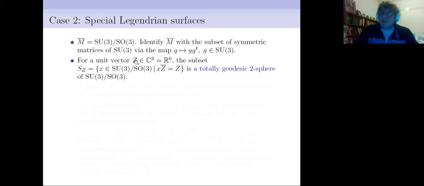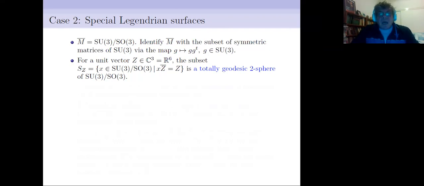And for every individual vector z, we get a totally geodesic 2-sphere. Strictly speaking, if we change z to minus z, we get the same 2-sphere, unless we introduce some orientation and distinguish between the same sphere but with the opposite orientation.